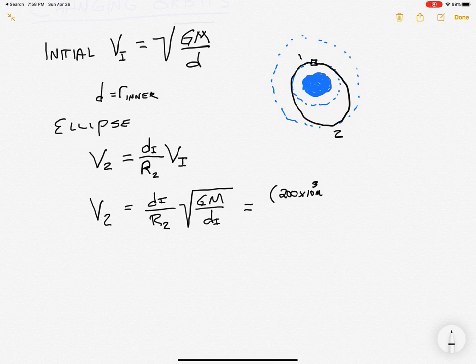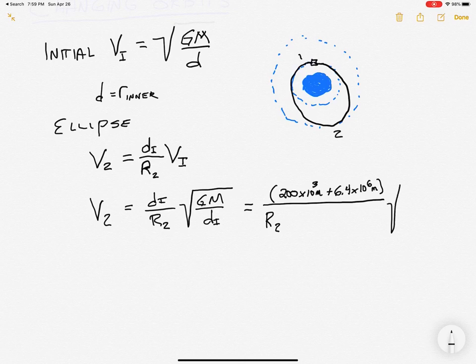If we're dealing with the Earth, then I need to add the radius of the Earth, or 6.4 times 10 to the 6 meters. Radius we're heading to, we don't know yet, so I'll put that down.